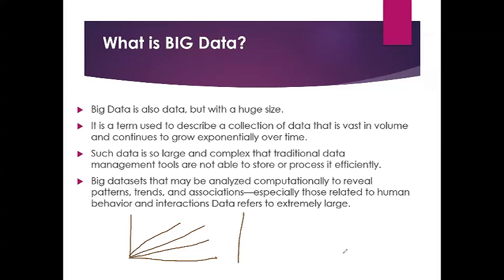But when it comes to big data, it has exponential growth like this, right? It's a curve, and the gap becomes larger and larger over time. So that's why we call this exponential growth, right?